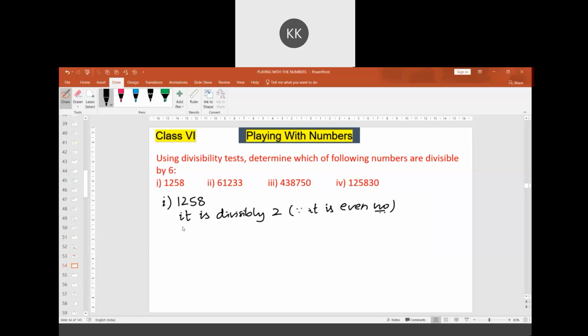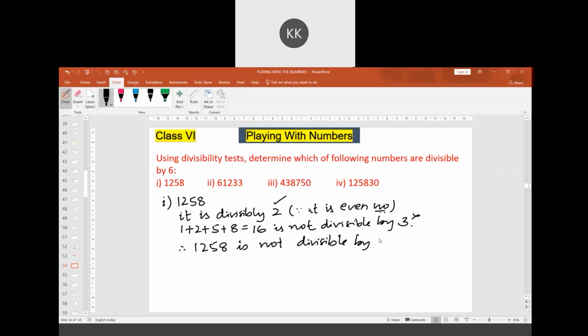Now if you consider the sum of the digits, 1 plus 2 plus 5 plus 8, this will be 16 and is not divisible by 3. Since this number is divisible only by 2 and not by 3, therefore 1258 is not divisible by 6. Hope you understood this.